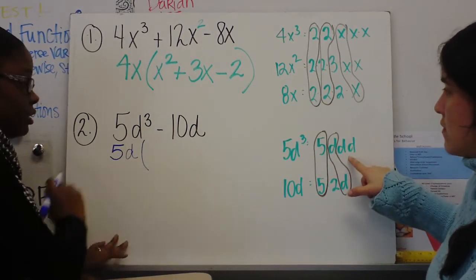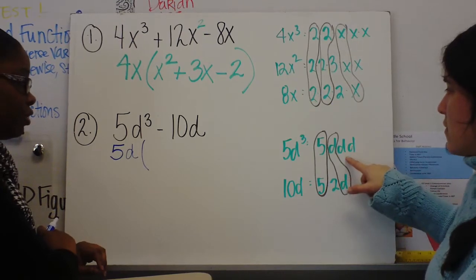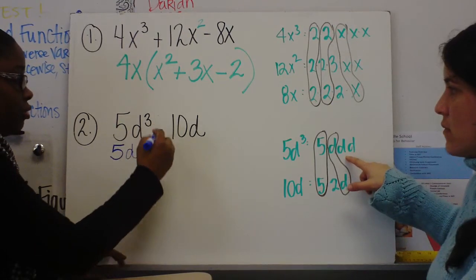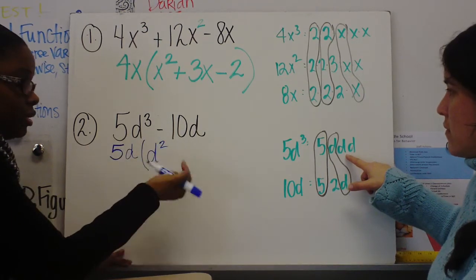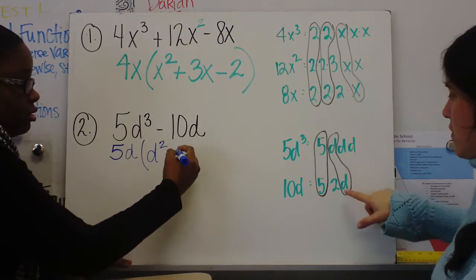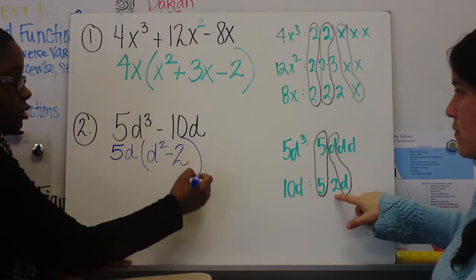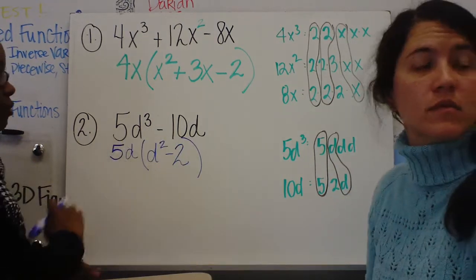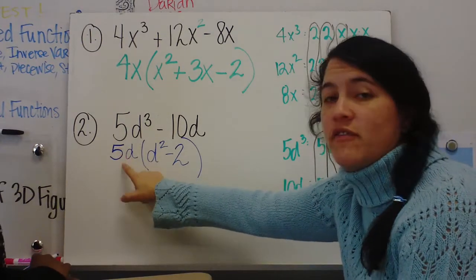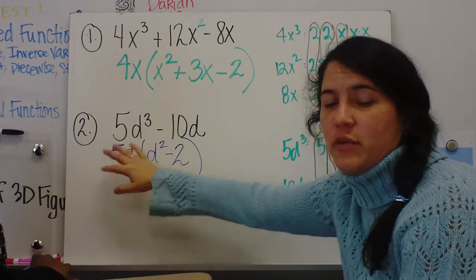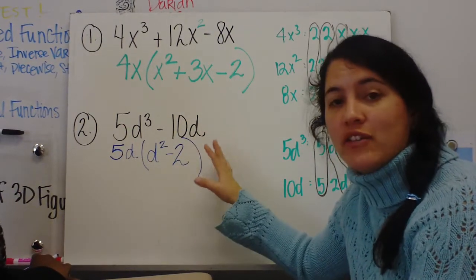So then our parentheses is, well, what do we have left over? That would be 2 D's left over, 5 and 5 is 1, minus 2, because 10 divided by 5 is 2. So we have found the greatest common factor is 5D. And then we've shown you what to do with everything else you haven't used.